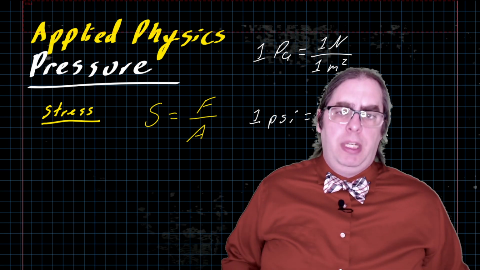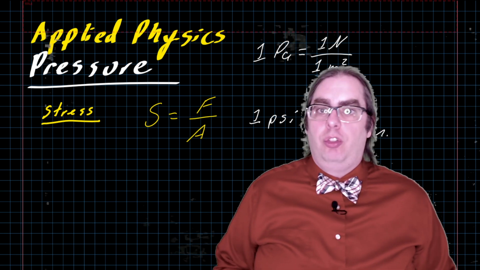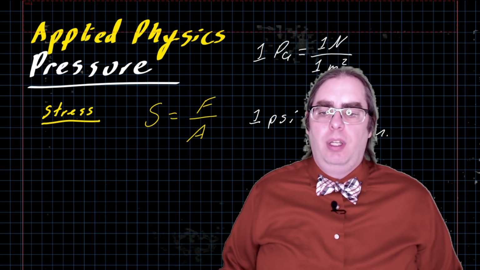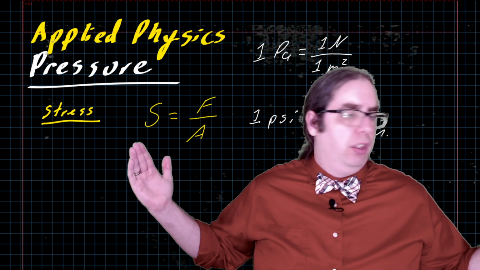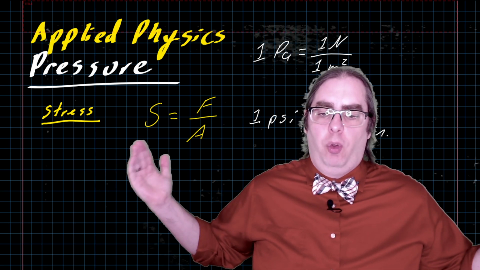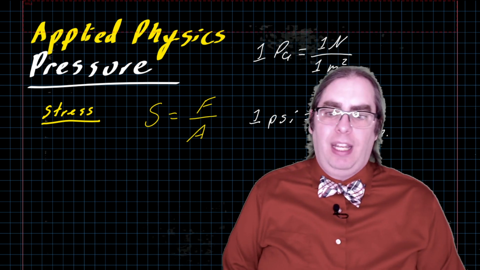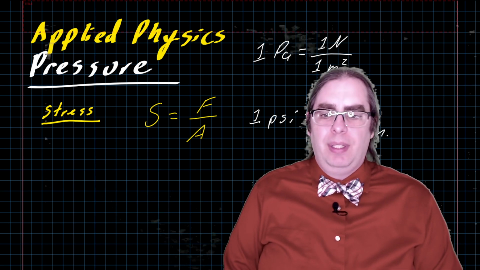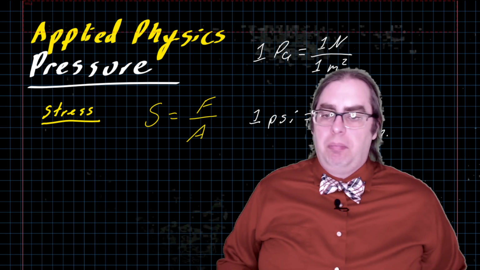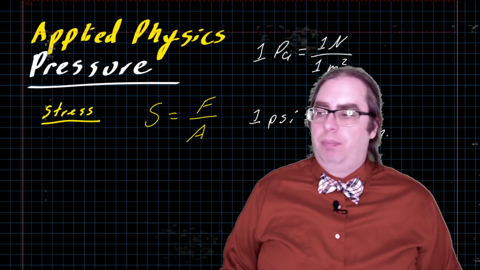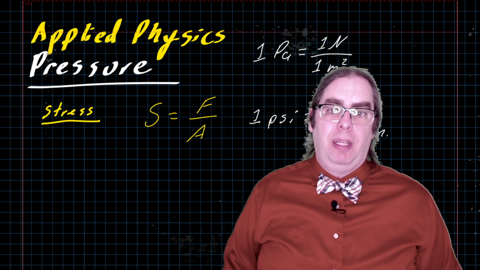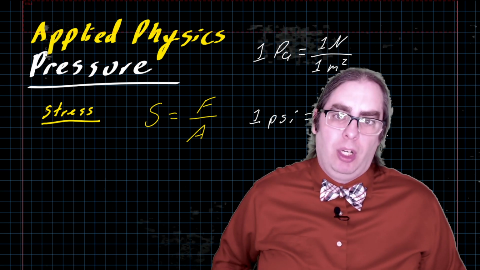But in the denominators, square meters and square inches are drastically different, right? A meter is actually so long that I can't hold my hands that far apart and still fit them on the camera. But a square meter takes up probably a little bit more space than the writing surface that you are working on right now.